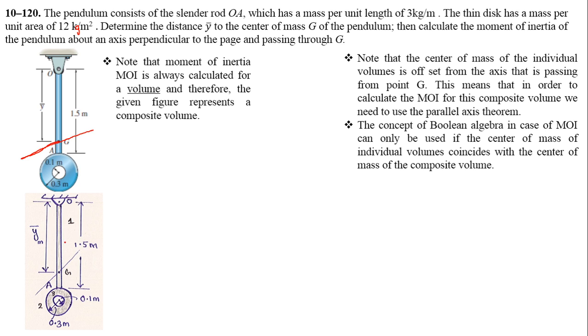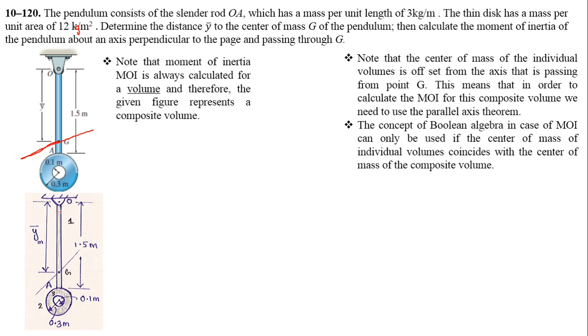So before we begin calculating y bar, we are going to note that the center of mass of the individual volumes is offset from the axis that is passing from point G. So this red axis that is passing from point G, about this red axis we have to calculate the moment of inertia of this entire volume. And we see that this entire volume consists of volume 1, which is of rod, volume 2, which is of disc, and volume 3, which is of disc that has been subtracted.